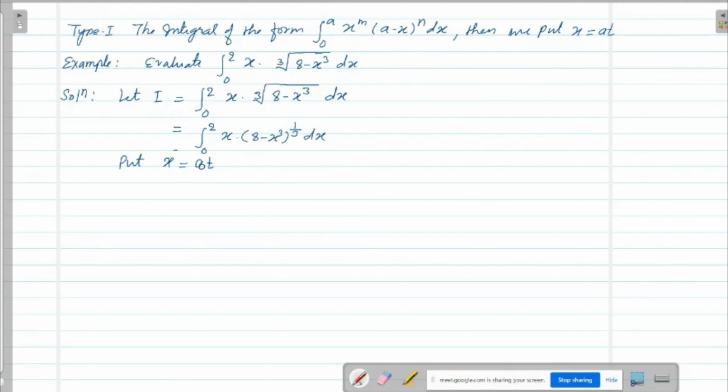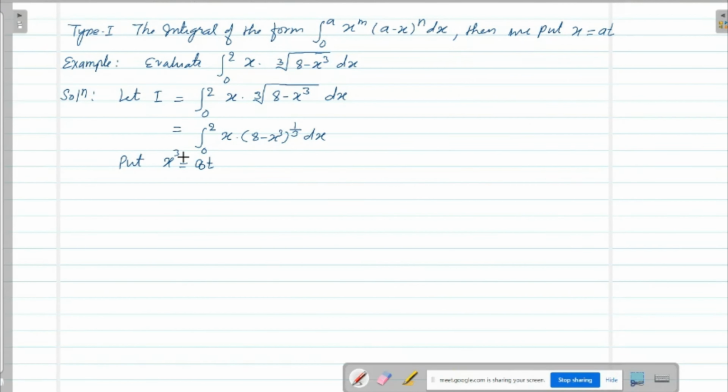Now differentiate this, but first simplify, then differentiate.